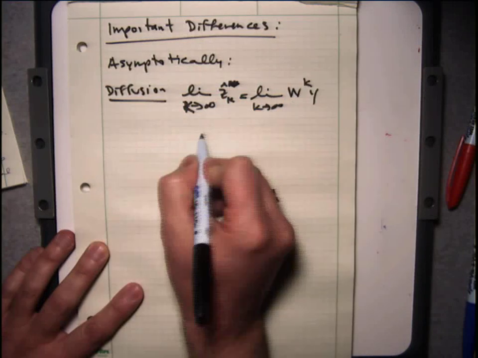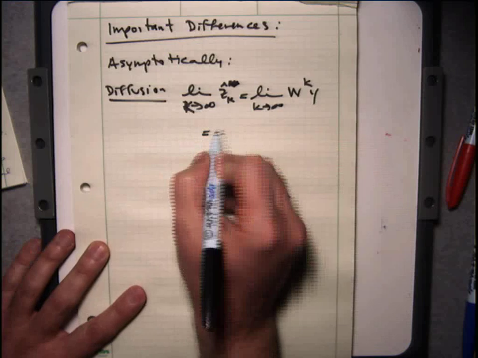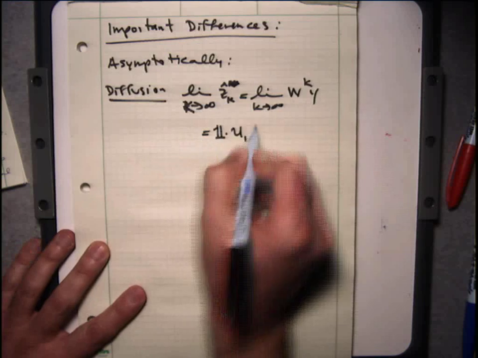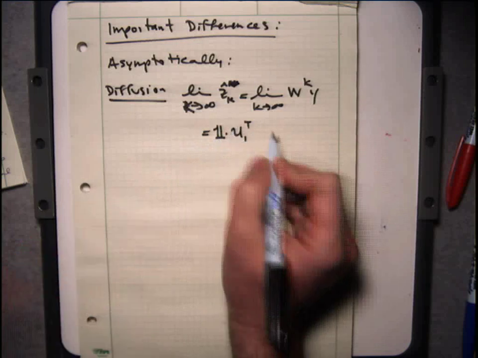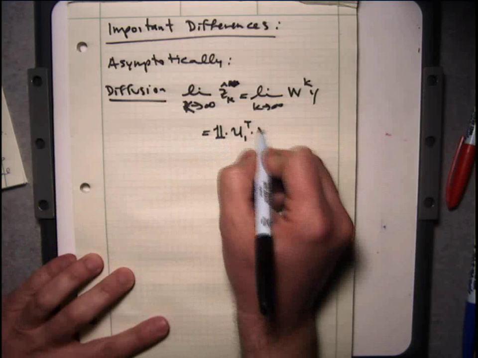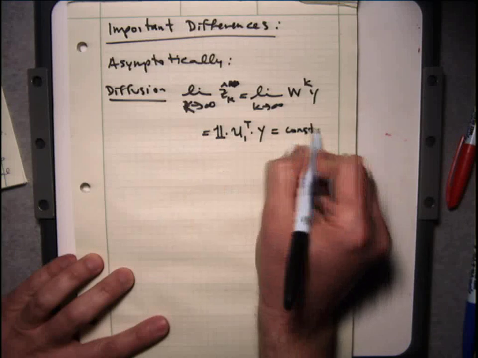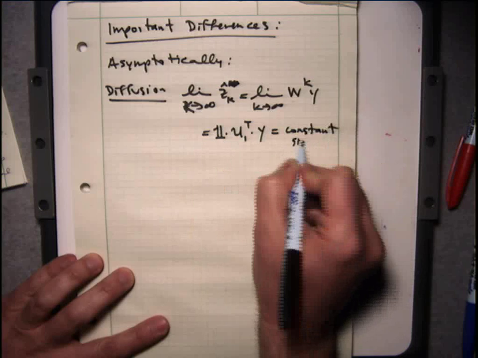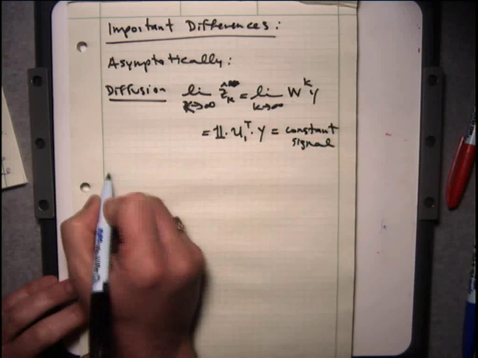And if you remember, w to the k basically converges to a rank 1 matrix, which was 1 times u1 transpose, where u1 was the constant row. This times y gives a constant signal.